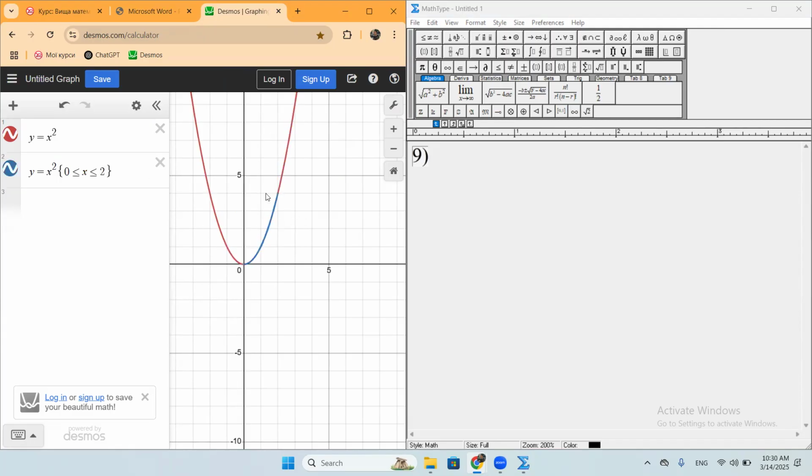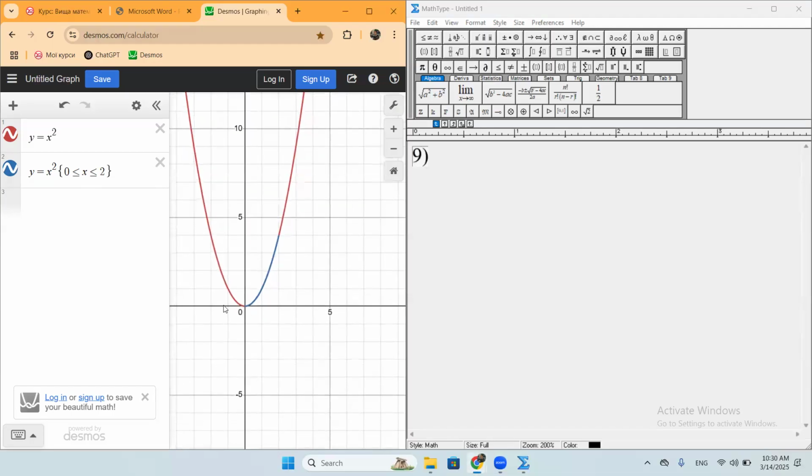So we take the following segment. Why is it not working?